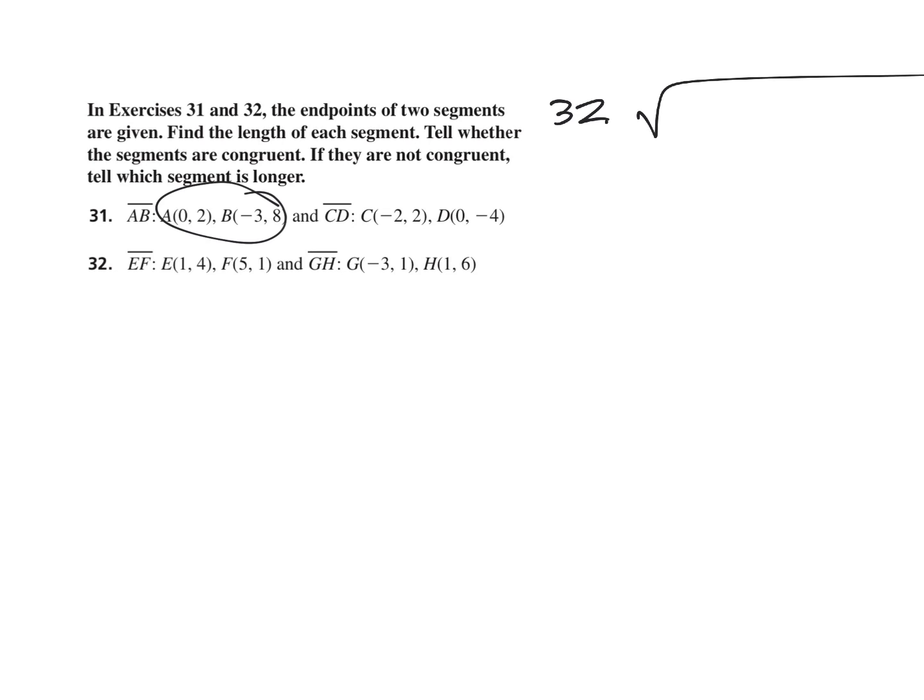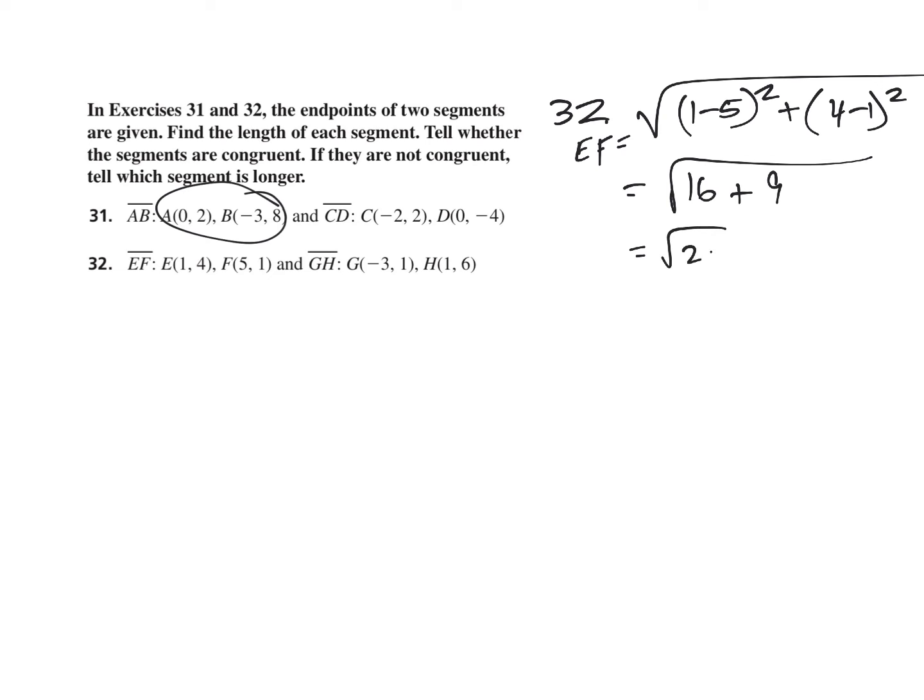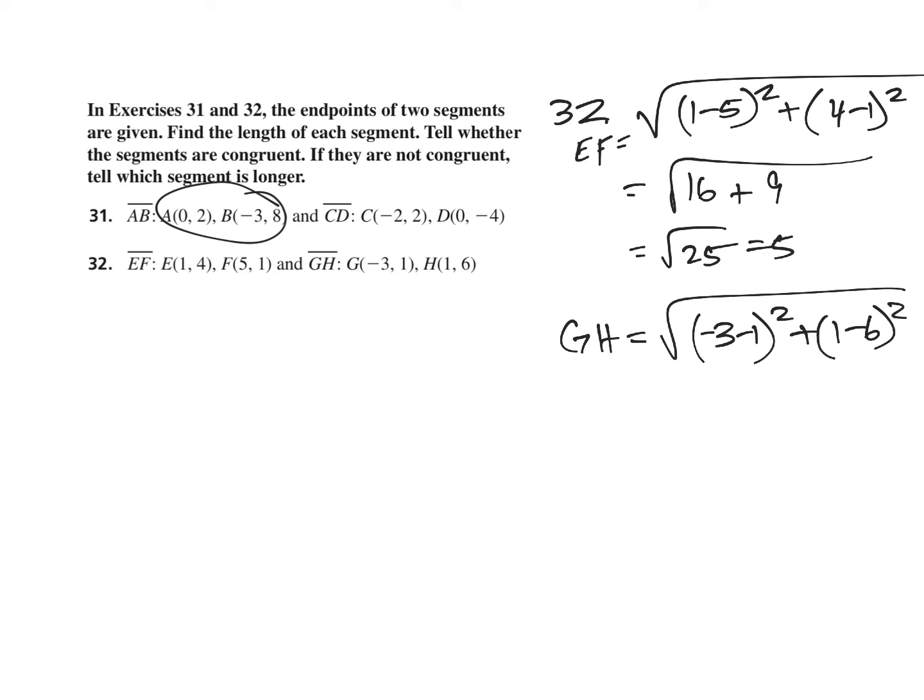Again, let's do these, let's see, EF. 1 minus 5 and 4 minus 1. So negative 4 squared is positive 16. Don't forget your radical. 4 minus 1 is 3. 3 squared is 9. So that's square root of 25 or 5. And let's do GH. Negative 3 minus 1. And 1 minus 6.